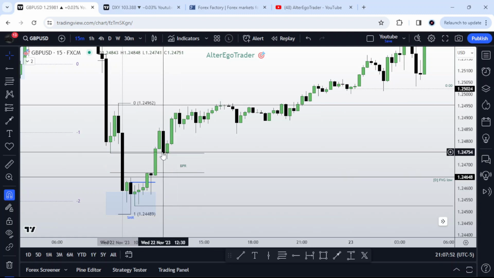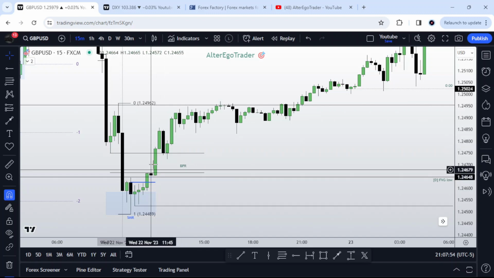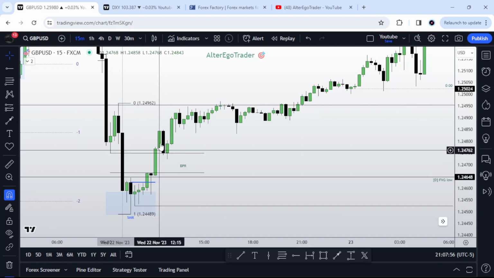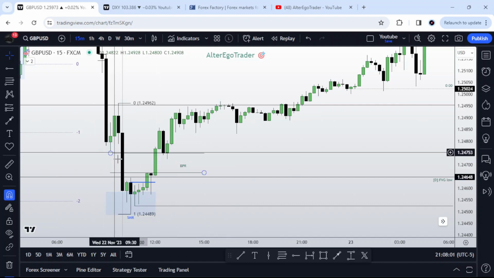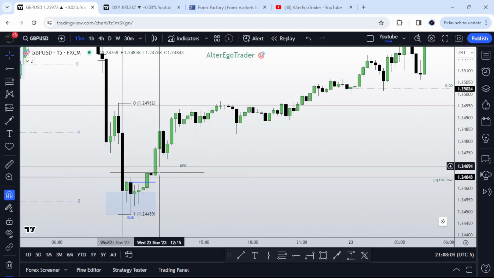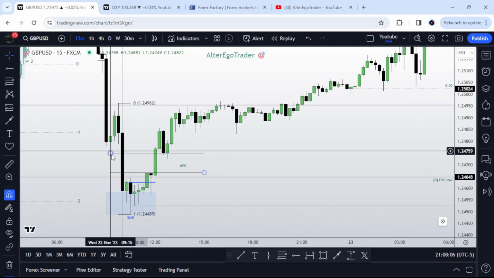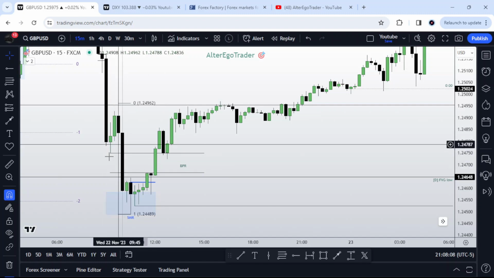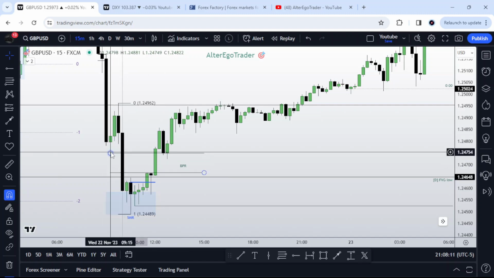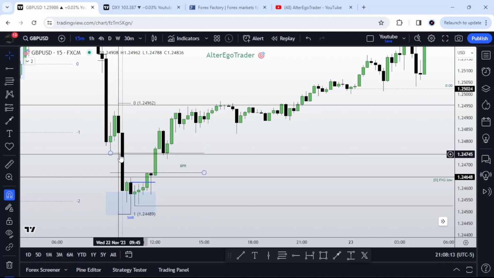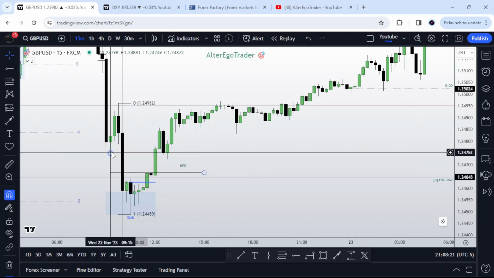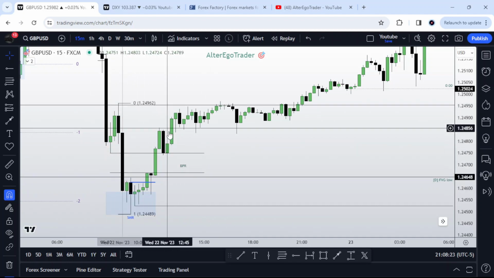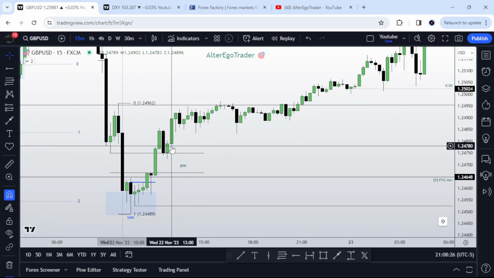So what happens? As soon as we have this displacement, this fair value gap, I marked that out, okay? Because this is the discount low of this fair value gap, and this is the premium high of this. And this is from the 1 hour, actually, because this is a whole 1 hour fair value gap, which, if you extend it to the right, is an inversion fair value gap.